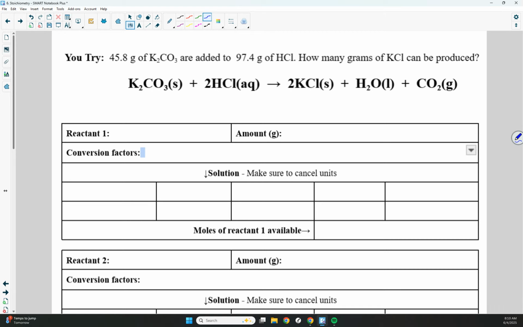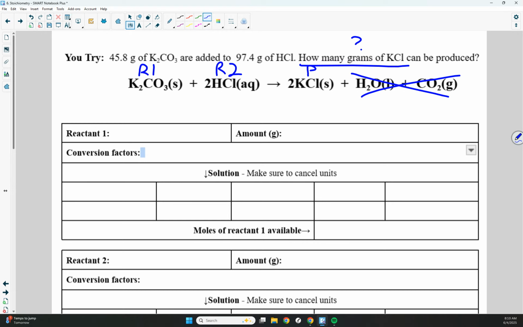So those are my two reactants. K2CO3 is reactant 1, HCl is reactant 2. And the question is, how many grams of KCl, that's what I'm trying to solve, can be produced? So KCl is my product of interest. I don't care about water or carbon dioxide in this case, so you can cross those out if you want.